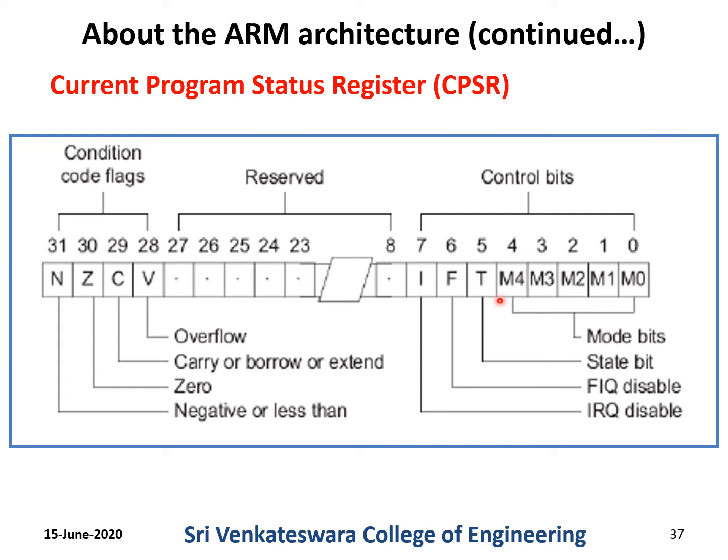Whenever it enters a particular mode, the bits here are accordingly set, as per the exception handler which is handling the exception. So by reading these mode bits, the user can find out which mode the processor is executing in.